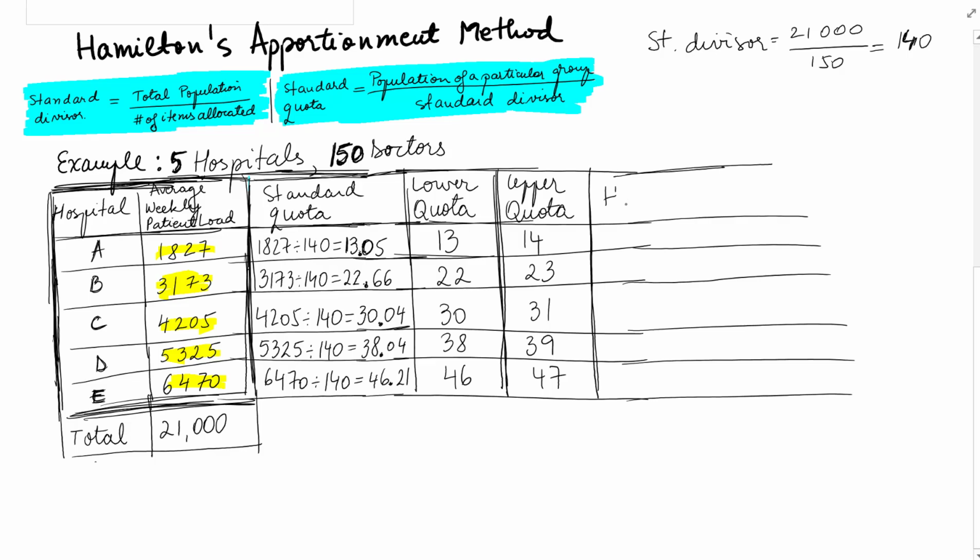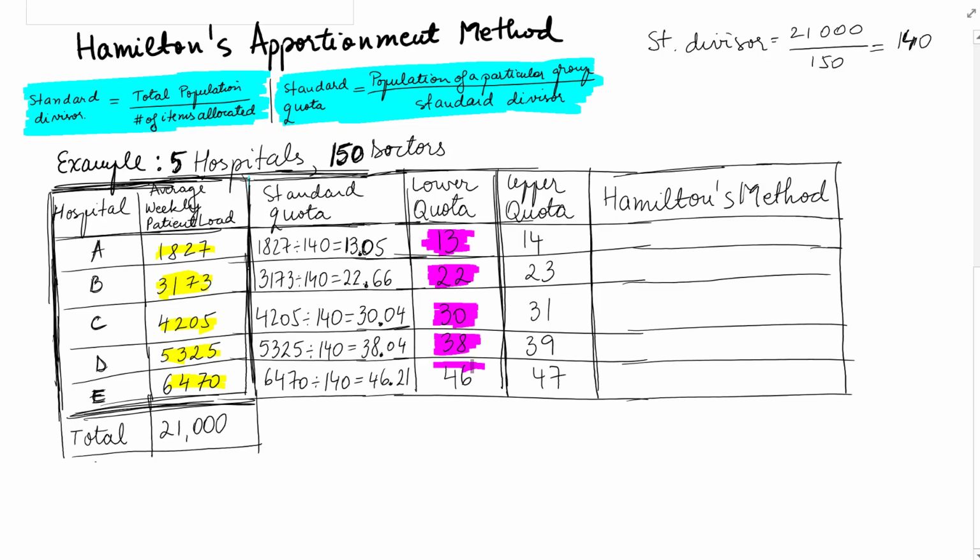And let's talk about Hamilton's method. Well, Hamilton's method deals with lower quota. So I'm not going to deal with upper quotas at all. I'm just going to look at lower quotas. So 13, 22, 30, 38, and 46. If we add all these numbers up, we actually get 149.